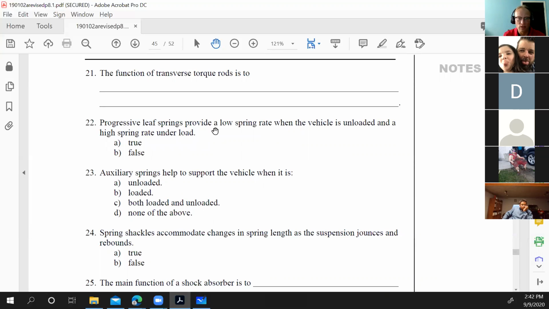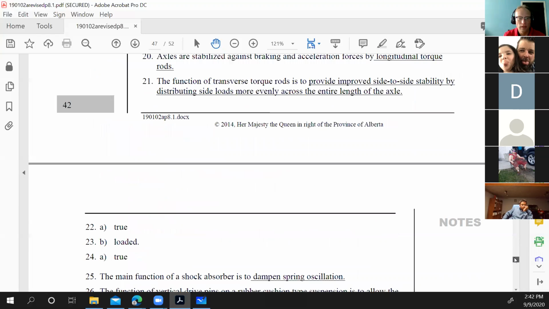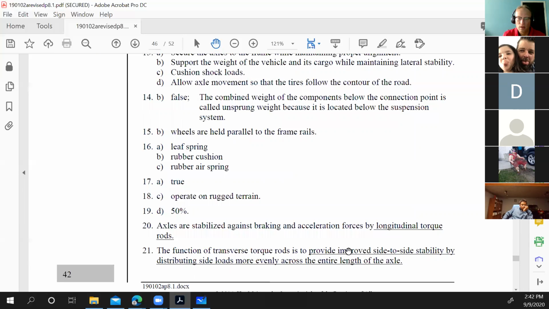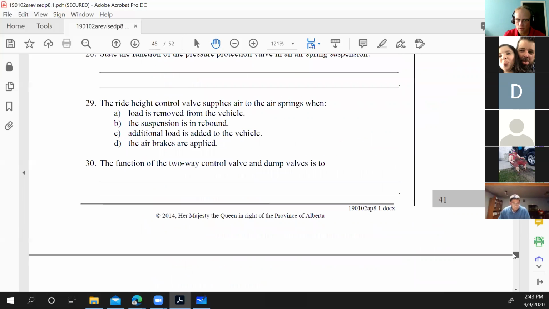Progressive leaf springs provide a low spring rate when the vehicle is unloaded and a high spring rate under load. True. Yeah, I'd say that's true. Improve side to side stability by distributing side loads more evenly across the entire length of the axle. So that is the transverse torque rods right out of the back of the book there.